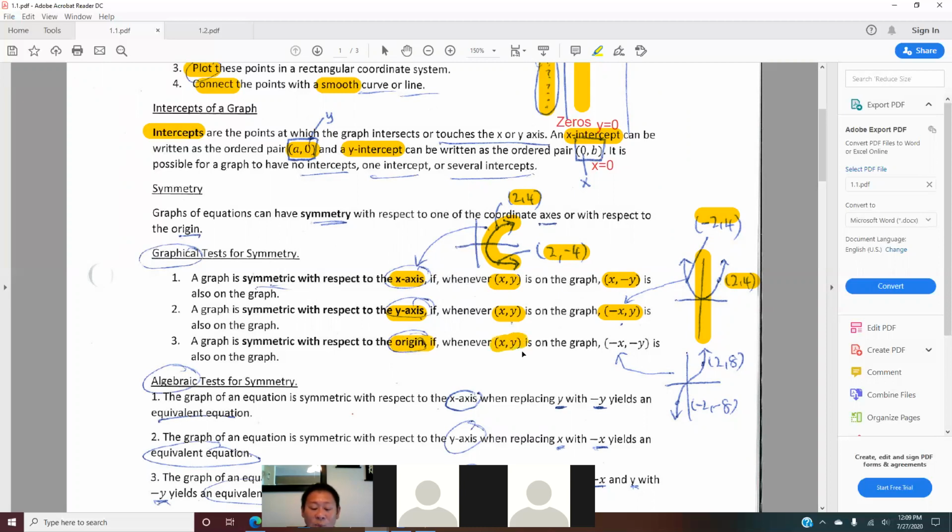Origin means that if (x, y) is on the graph, then (negative x, negative y) is on the graph. For example, this graph is a cubic. (2, 8) is on the line, and (negative 2, negative 8) is also on the line. So this is how we figure out symmetry with respect to the x-axis, y-axis, and origin.